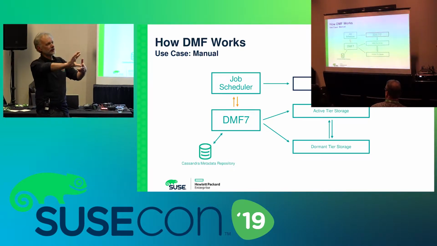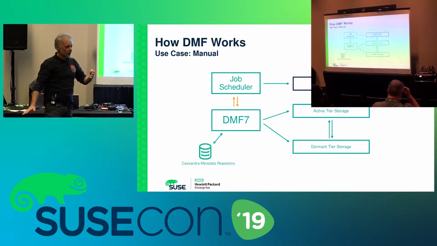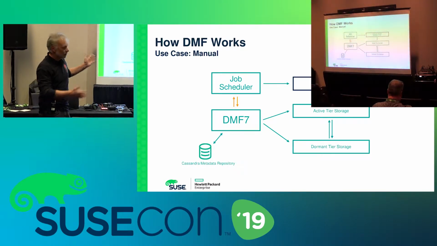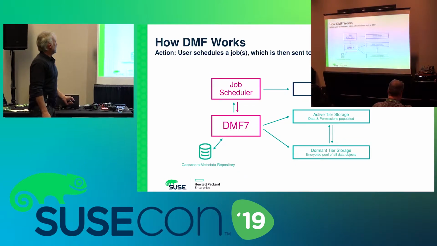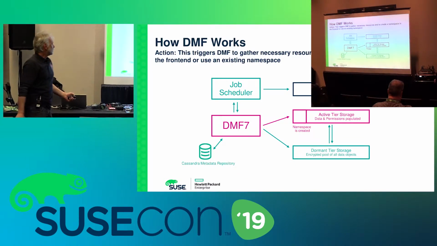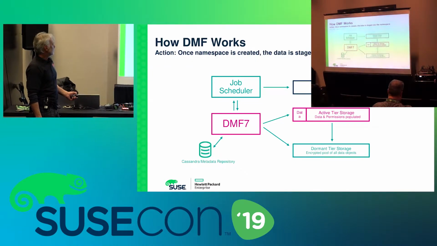I copy the data inside there, I run the job, and I take back what has changed in the meantime. I destroy the file system, and that's it. Next job, please. So DMF is going to do all these kinds of things. And this is an example. So this is what I was saying.